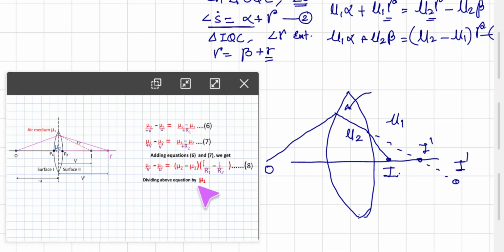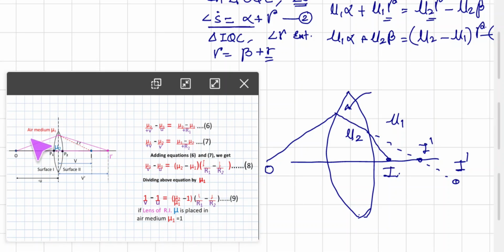Now dividing the equation by mu1, all these mu1 terms will vanish. So you get the equation 1 upon v minus 1 upon u is equal to mu2 upon mu1 minus 1, into 1 upon r1 minus 1 upon r2. This is expression 9. Now let us consider a lens of refractive index mu placed in an air medium.